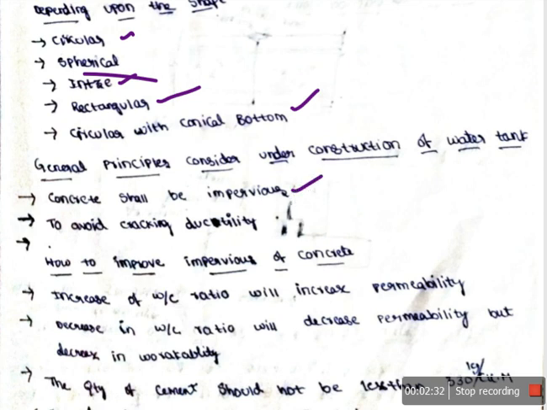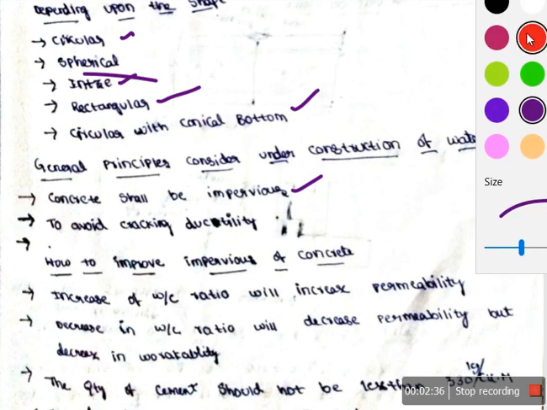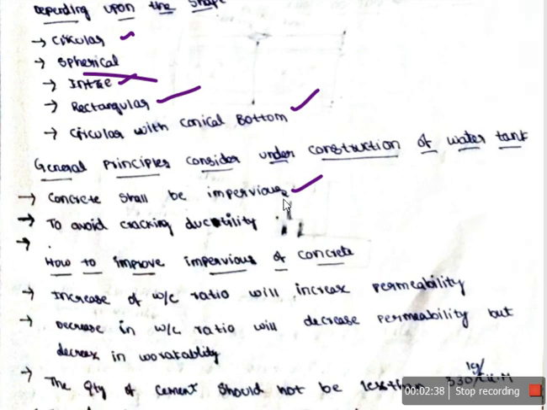impervious, no matter what kind of measures you take for this concrete. Concrete is a very heterogeneous material, and you can never expect to have 100% impermeable concrete.